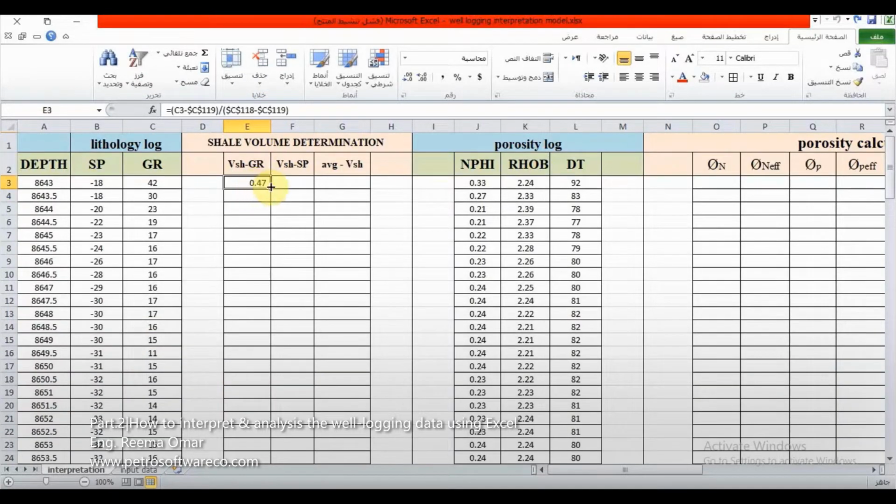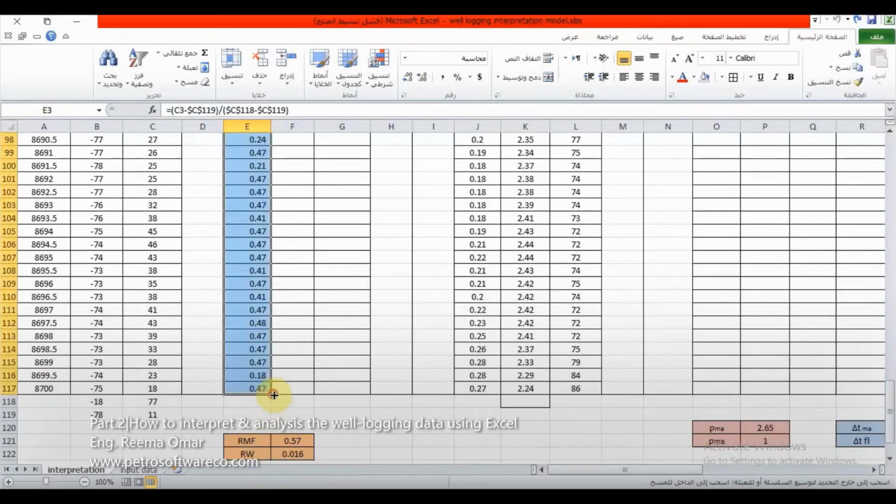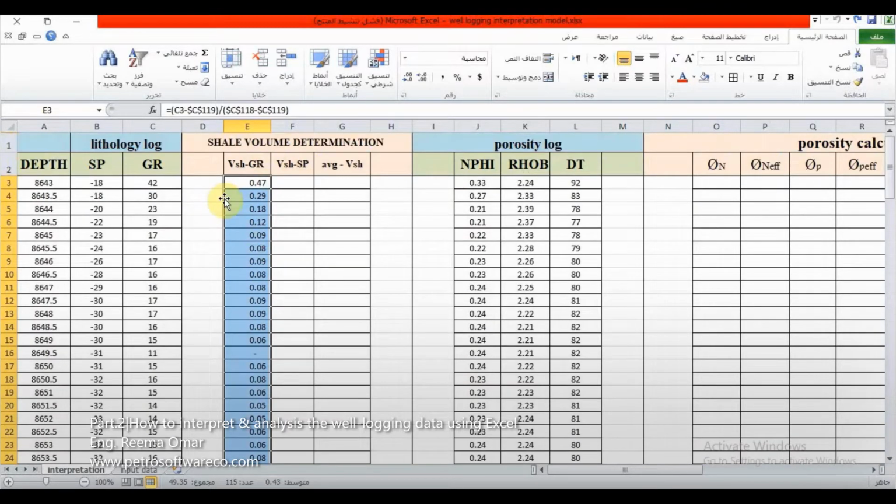We'll apply this equation on all of the column. This is the shale volume from the gamma ray.